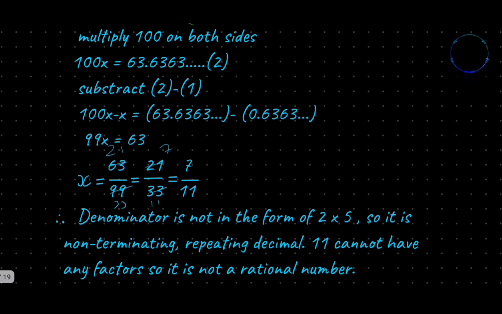The denominator is not in the form of 2 power n and 5 power m, so it is a non-terminating repeating decimal, and 11 doesn't have any factors apart from 2 and 5, unlike the previous question where 33 has the factors. So it is not a rational number.